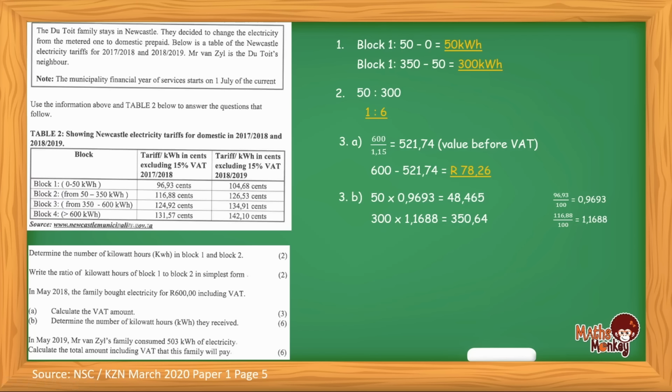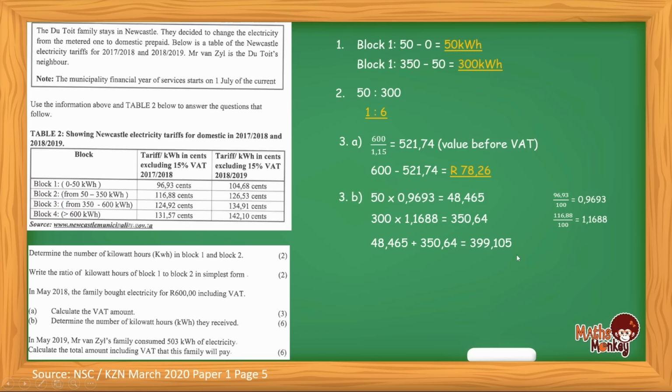If I add these two values together, I get 399.105. Please note, guys, I am not rounding off any of these answers because I only round off my final answer. So now I have 399.105, but I actually bought electricity to the value of 521.74.